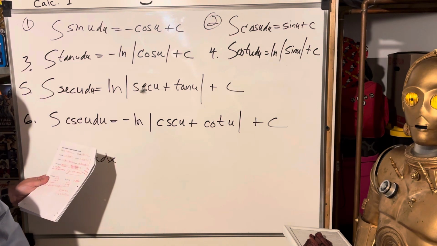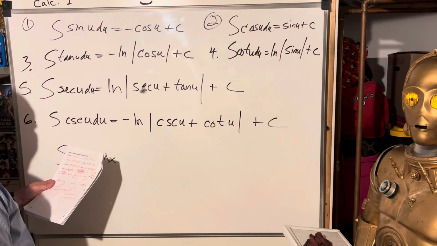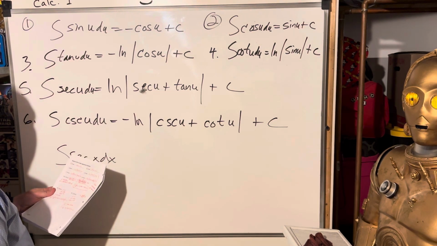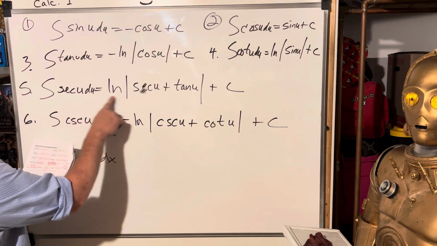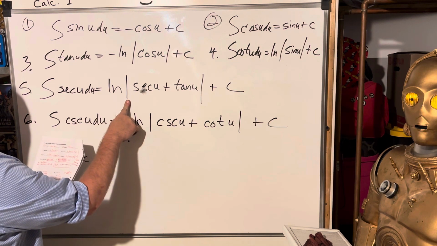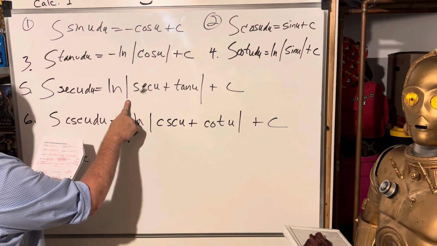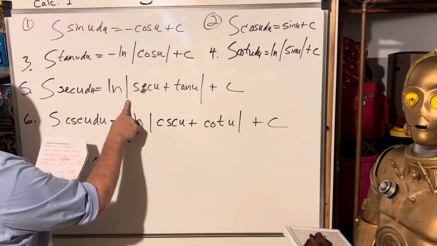So we have that already, right? The integral of secant x dx is ln of secant x plus tangent x plus c.